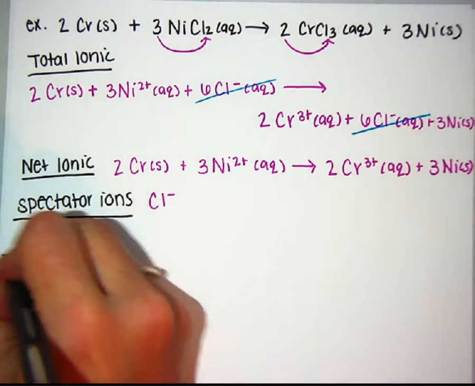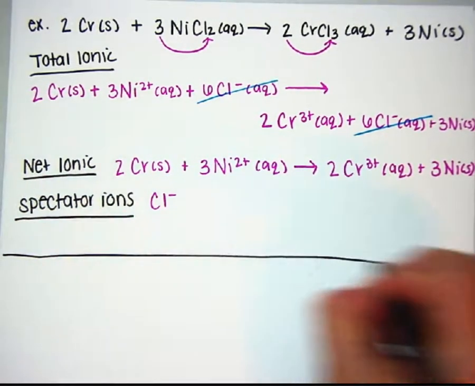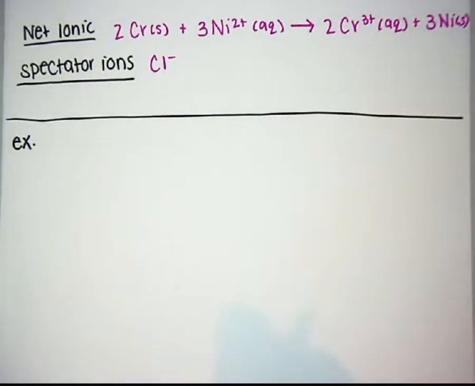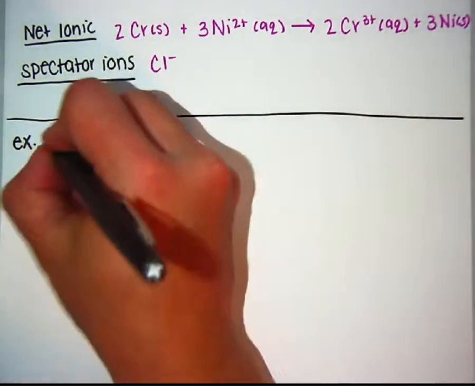Last one that I want to do is an acid-base example, because this one just looks a little different. You would do it the exact same way. An acid-base neutralization reaction is just a double displacement reaction.